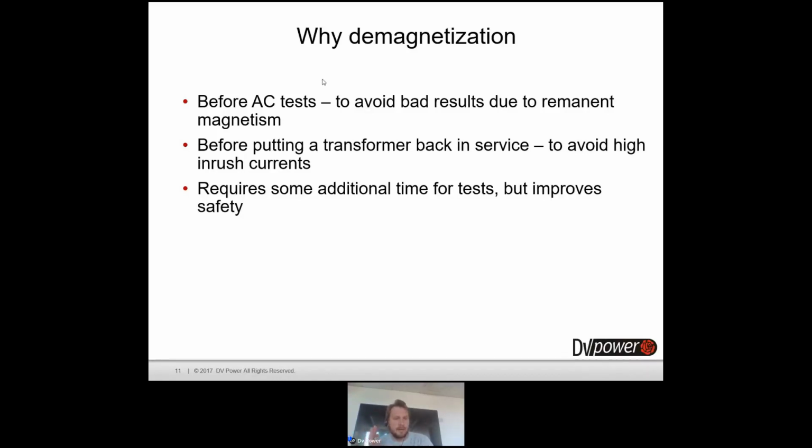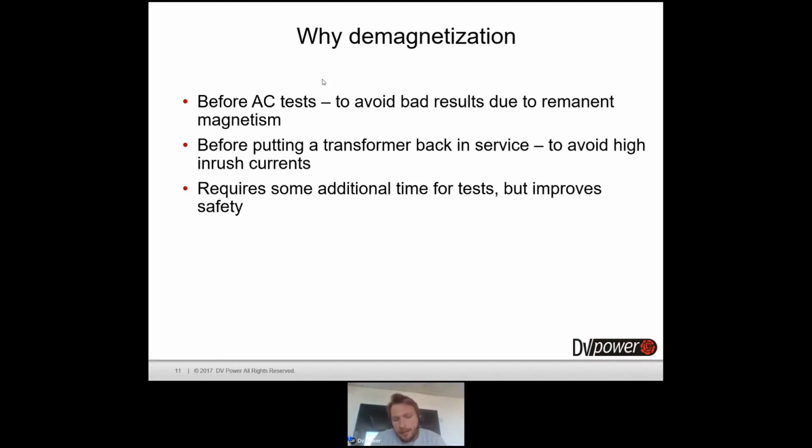Then, it is very important when we want to put a transformer in service, when we want to turn on the transformer, to avoid high inrush current.